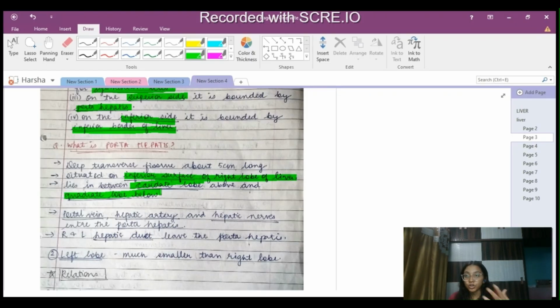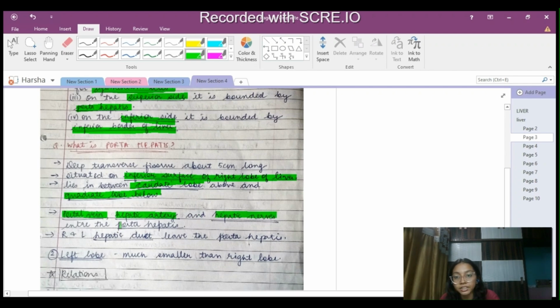Now, what are the structures passing through this porta hepatis? The portal vein, hepatic artery, and hepatic nerves enter the porta hepatis. Very important. The structures entering the porta hepatis are the portal vein, the hepatic artery, and the hepatic nerves.